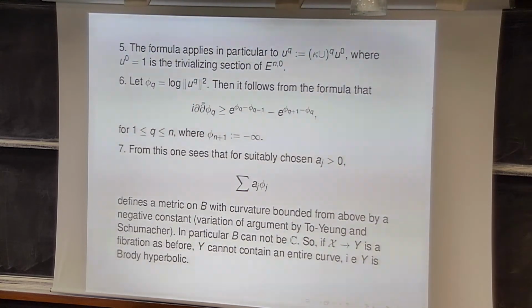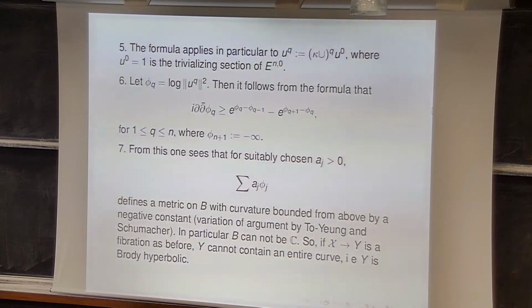So by summing up here, it's not exactly what they did because I'm taking the logarithm here, but you sum up here with certain coefficients. It's a telescoping series on the right-hand side, and if you adjust the coefficients in a good way, you can get that i partial partial-bar of the sum of a combination of phi q will be greater than e to this combination of phi q.